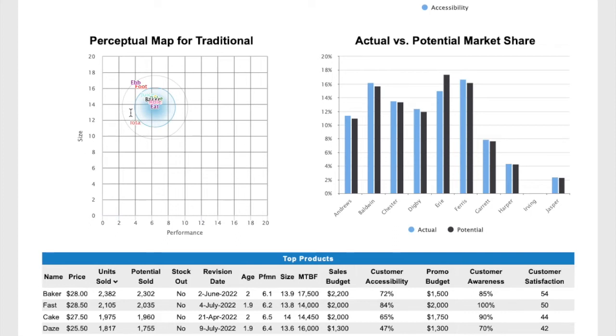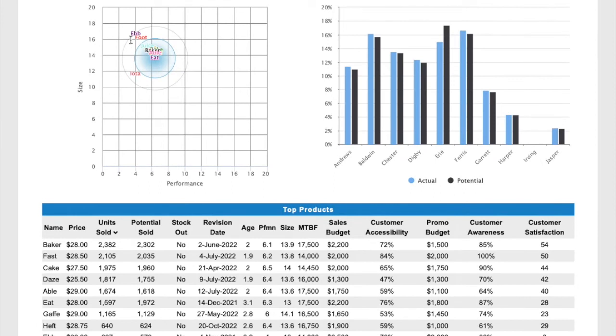And I also want to point out these 3 products, Ebb, Food, and Iota, are out of the circle. Then of course your product may well stock out, like Food, right?